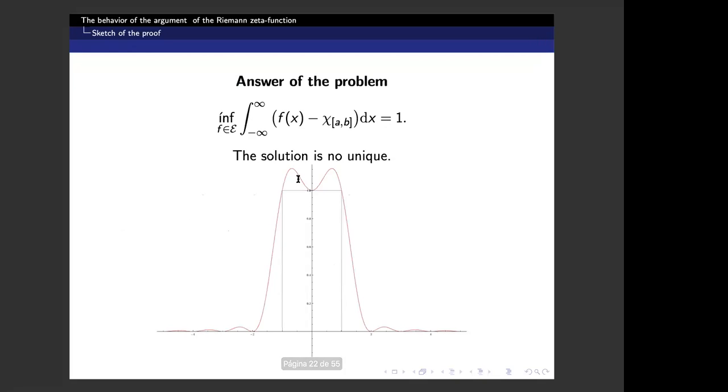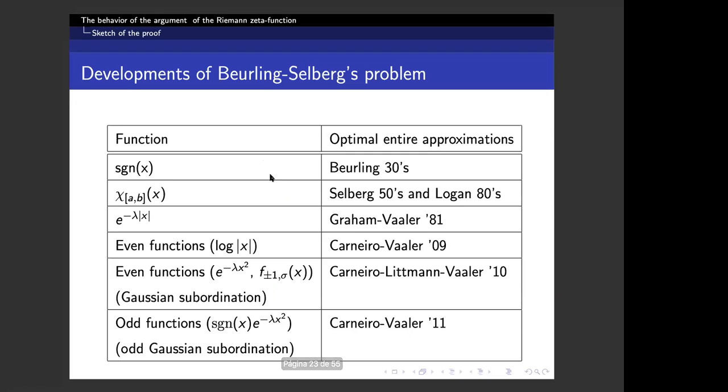And in this case, there is a solution. The answer is 1, and there are many functions that satisfy this condition in this case. So this is the classic Berlin-Selberg problem, and here we have some results about this.